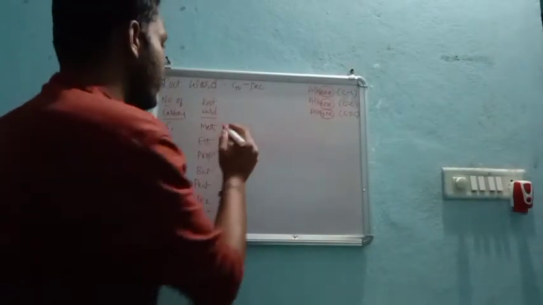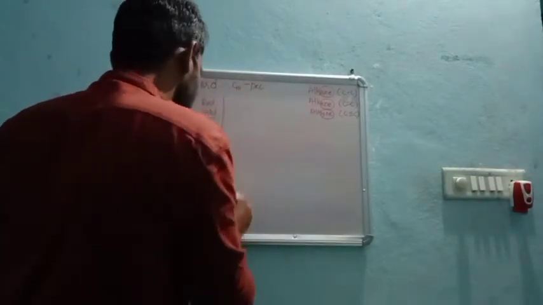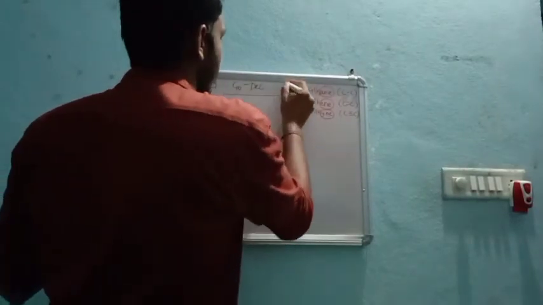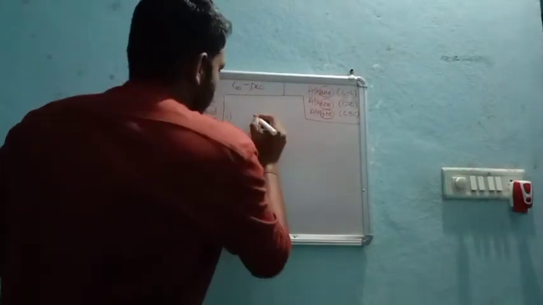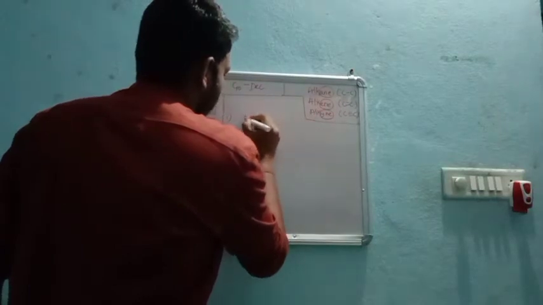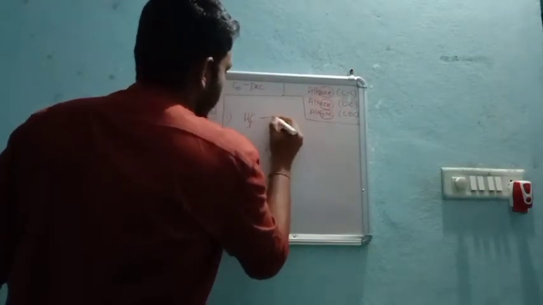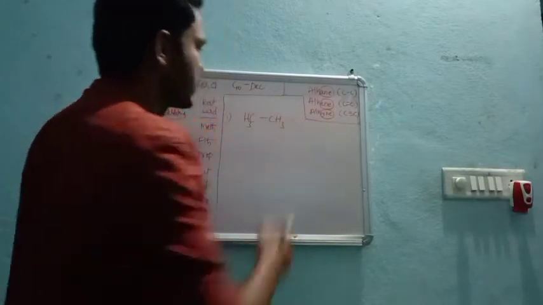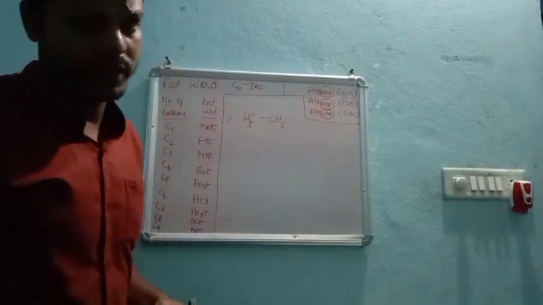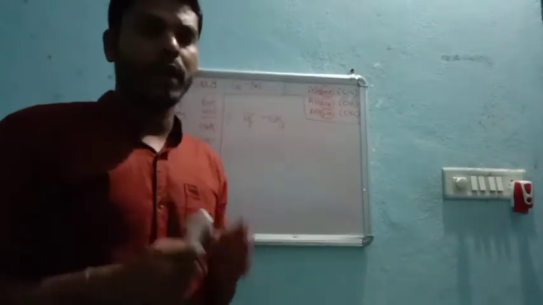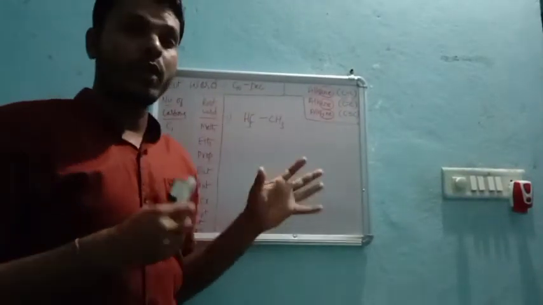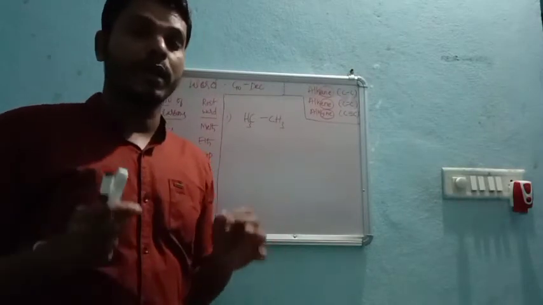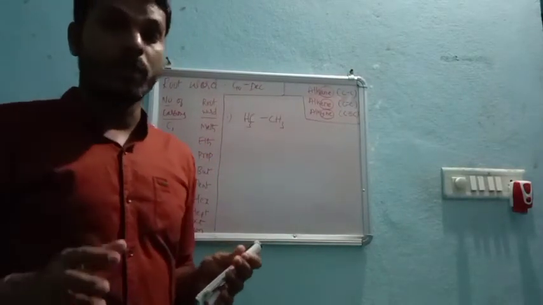So the first example, I will show you one example. Number one, CH3, CH3. So how to name this? It is a simple organic compound, and what I said before starting the video, I will show you how to name simple organic compounds without a functional group, right?